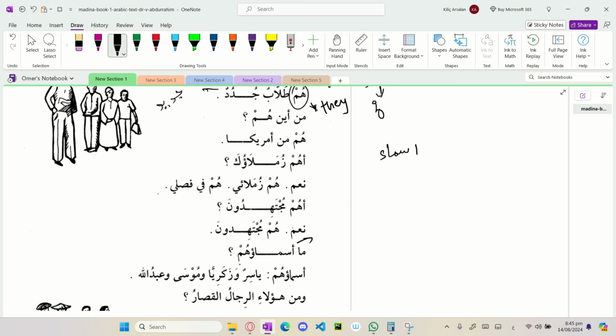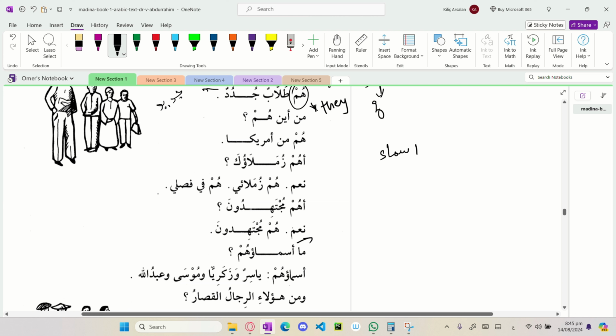Whenever you read new sentences or paragraphs, you will understand this concept further and get used to it. So ma asma'uhum, since this is marfu, the hamza changes its form into a waw, with the hamza on it. So ma asma'uhum yasiru wa zakariya. Since these are proper nouns, there is no marfu, majroor, mansub.